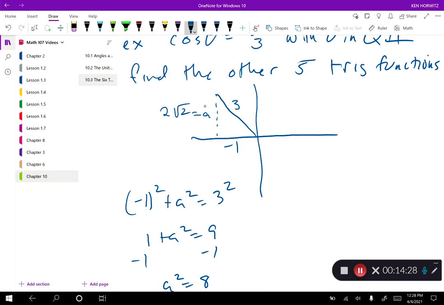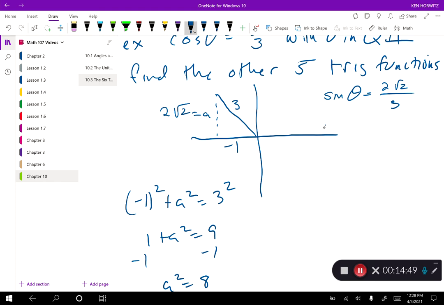All right, so now that I have all 3 sides of my triangle, your sine and cosine should come pretty quickly. So your sine of theta is 2 radical 2 over 3, opposite over hypotenuse.